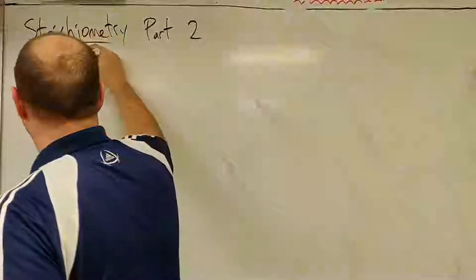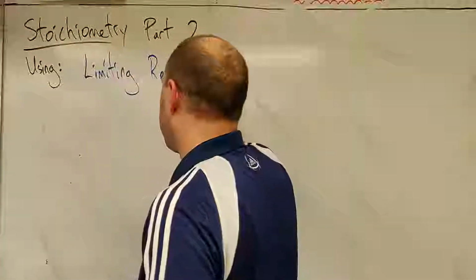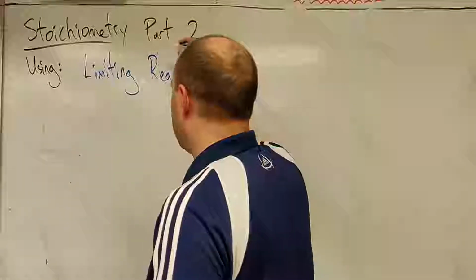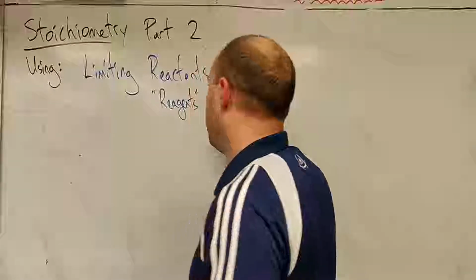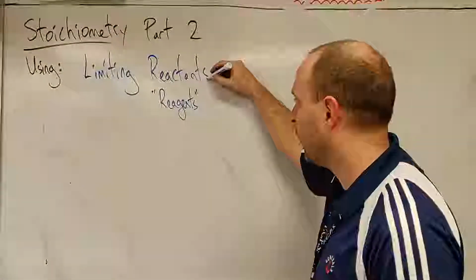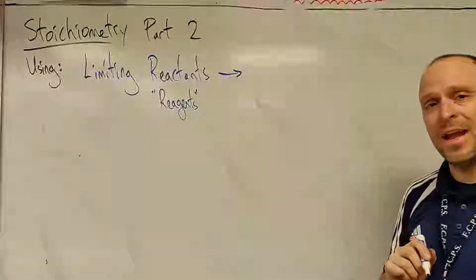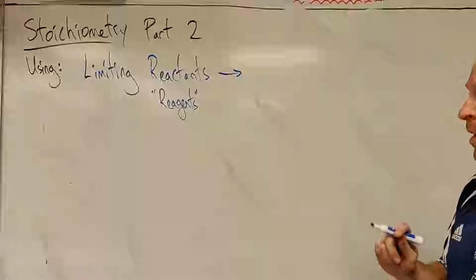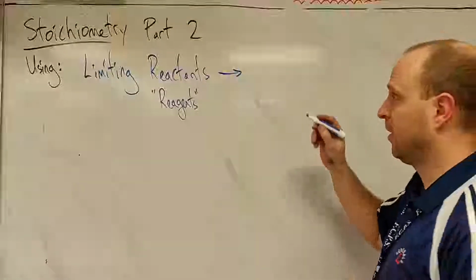Once we worry about limiting reactants, you sometimes see the terminology reagents. Reagents is just a way to describe chemicals in general. Reactants are the things you start with in a chemical reaction. And it's not as easy an idea as you would expect. It's not the one you have less of. It's the one that you stoichiometrically have less of.